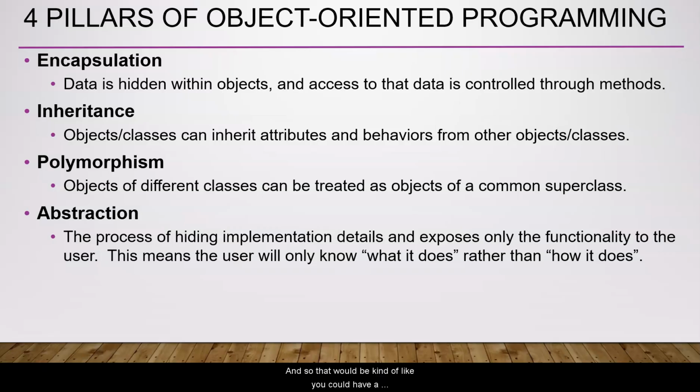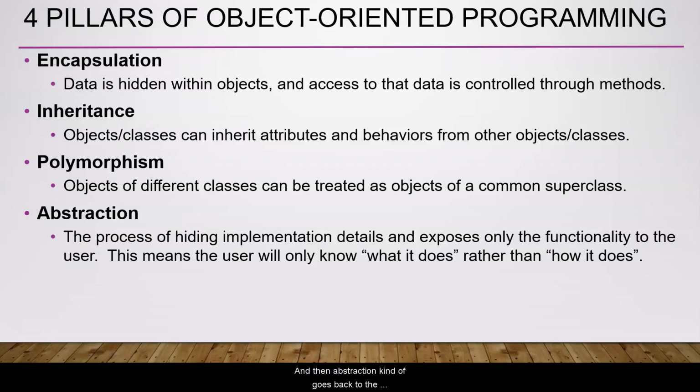For example, you could have a superclass called pets, and you would have dogs and cats and lizards and birds. They're all different types of pets, but they all have very different attributes that go along with each one. So that's polymorphism: you'd have a superclass with some similar traits that overlap, but a lot of it is going to be different.